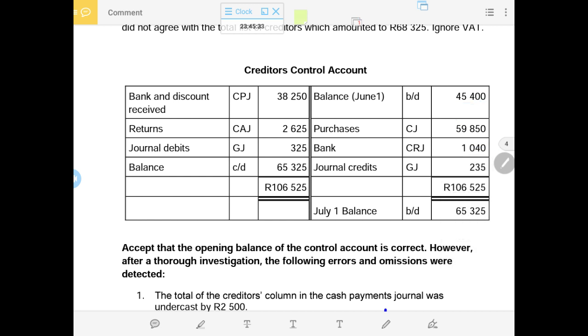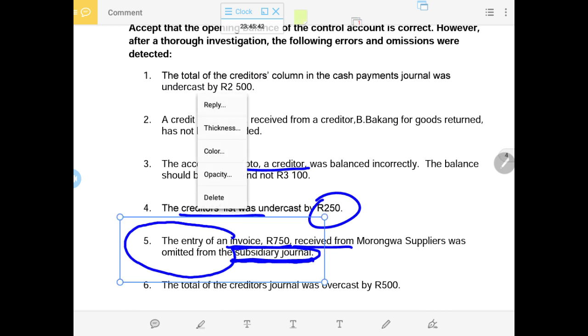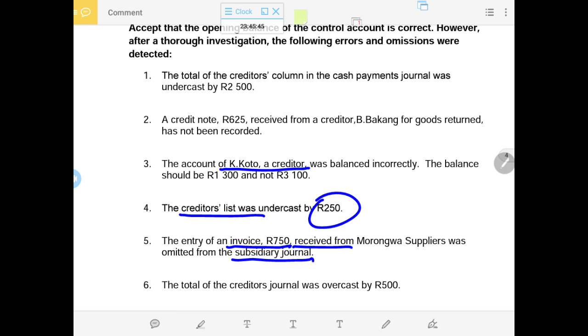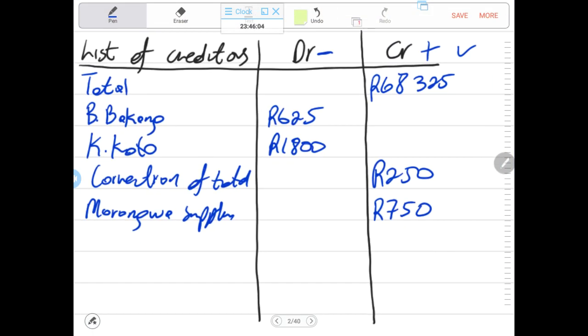Then now we have recorded this one in both occasions, but I don't want to write the total under the creditors control ledger account, so that if there's another one that needs to be recorded, I can also take that into consideration. It says the creditors list was undercasted by 250. It is specifically speaking to the creditors list. So now what do we do?